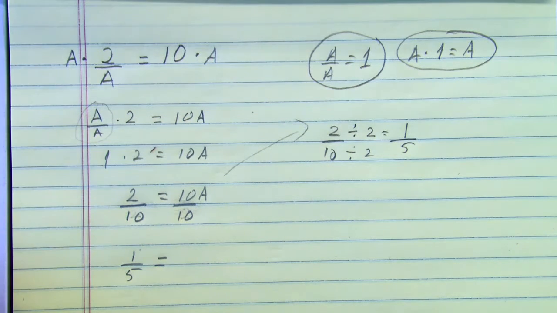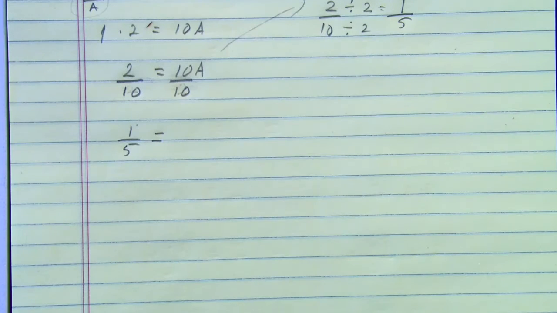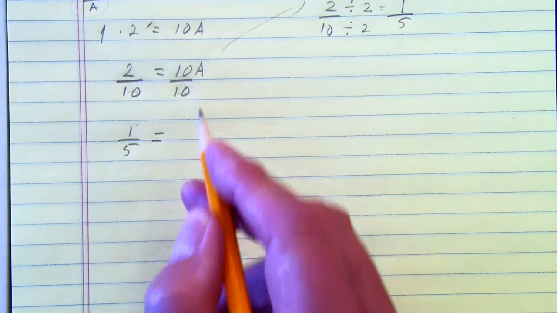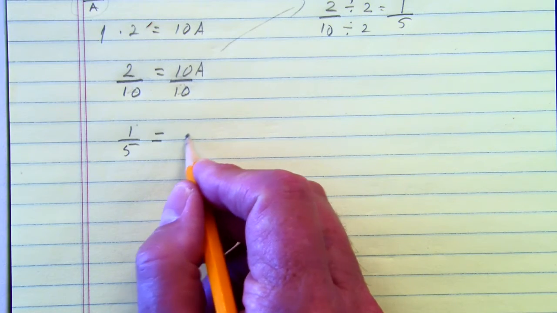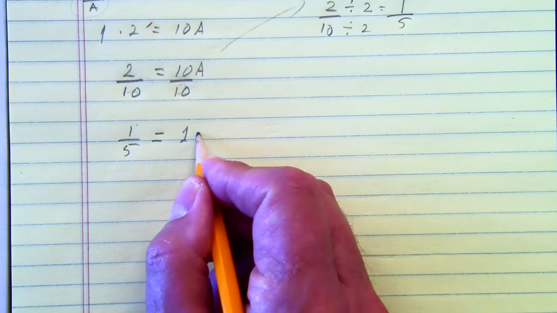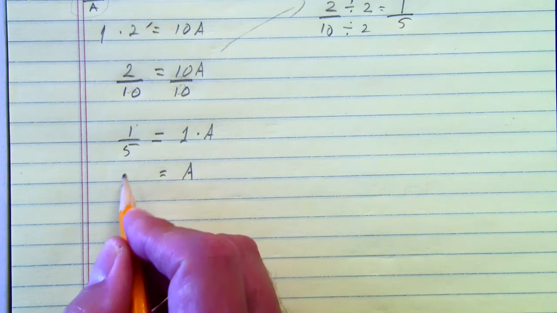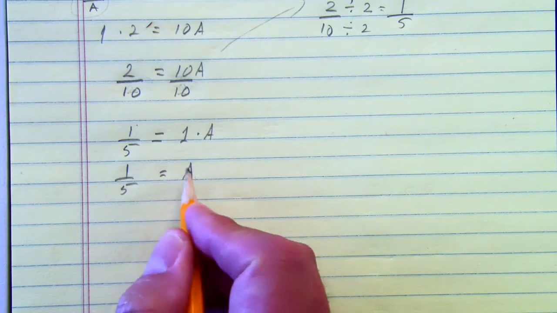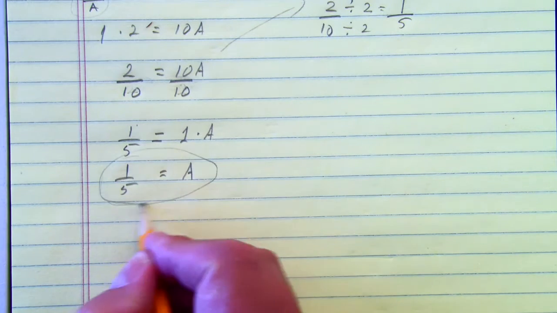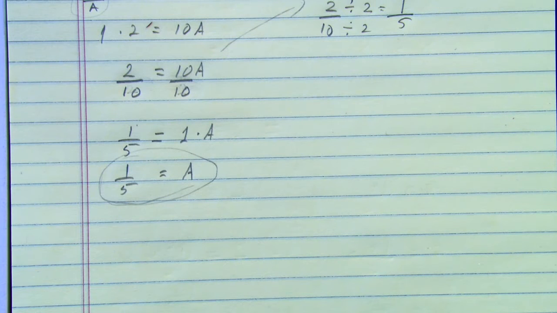I will try to spend some time with fractions because I know fractions give people quite a fit. And then, of course, 10 divided by 10 is 1. 1 times a is going to be a. So now we get a equaling 1/5. So this is the first time we've seen a fraction in one of these, okay? So stop hyperventilating, all right?